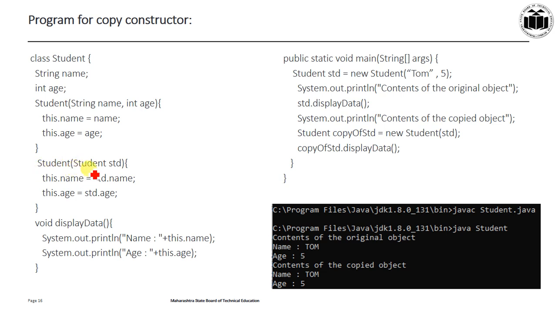Then we pass the object of the previously created object, that is Student std. The previously created object we will pass as a parameter to the newly created constructor. So this is called a copy constructor, and by using the previously created object, we assign the values to the variables name and age.